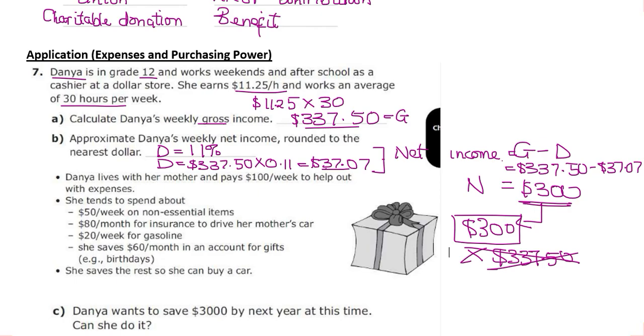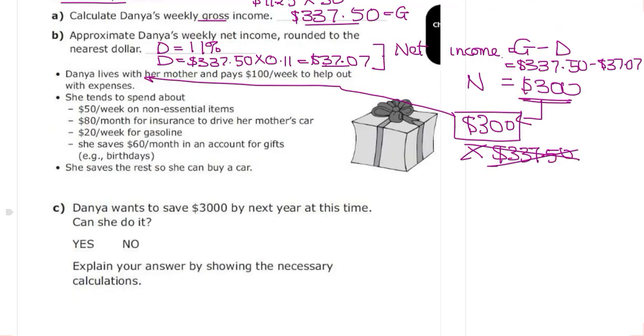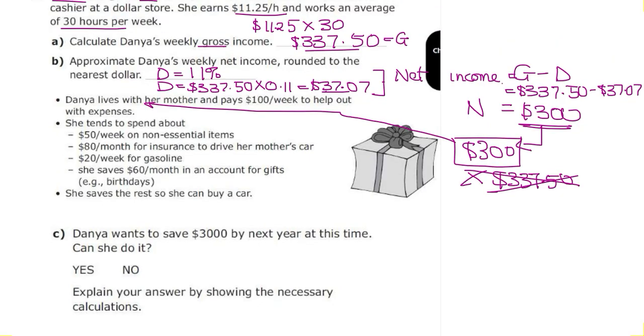So now we have this amount put in this person's bank account. Dealing with expenses, one expense included in this person's budget is the payment to her mother, which is $100 per week to help with expenses.